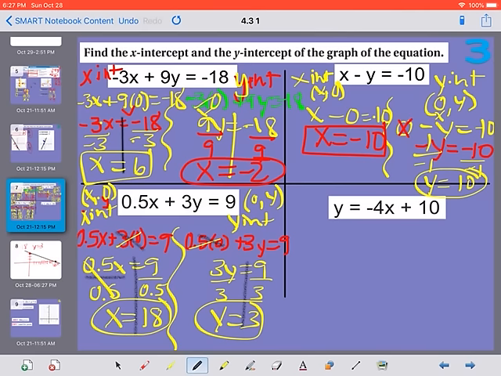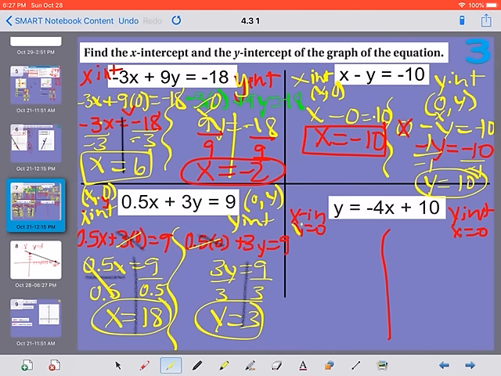We have one question left here. Again, when we're finding the x-intercept, y is going to be 0. And when we're finding our y-intercept, x is really going to be 0, because that's where we're crossing the y-axis.